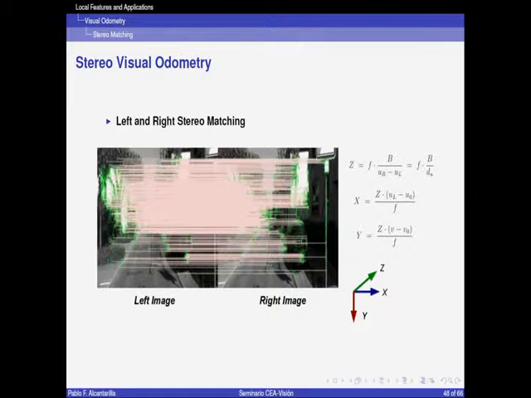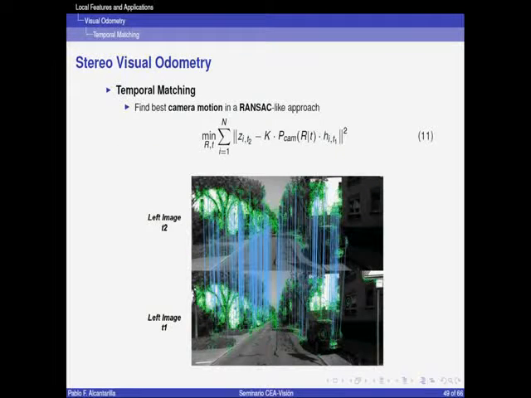Then once we have a set of stereo correspondences at 2 different time steps, we can perform temporal matching. And in temporal matching, we want to match a set of putative correspondences between 2 different time steps. And then we want to find the best camera motion, and for that we are going to use a RANSAC-like approach.